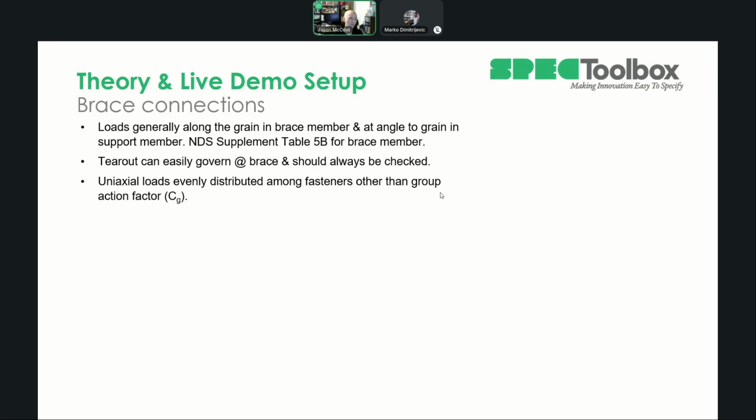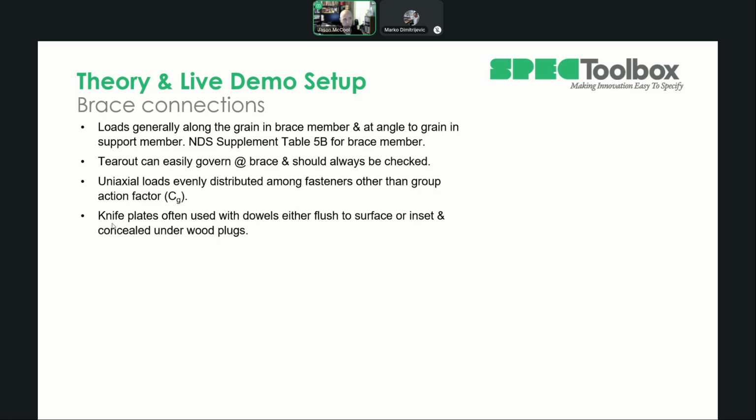So there is a group effect factor, a group action factor, that's going to be applied to account for unequal load distribution along the row of each fastener. But otherwise, the forces get distributed equally. That gets taken into account in the adjustments after you come up with your lateral capacity on each fastener.